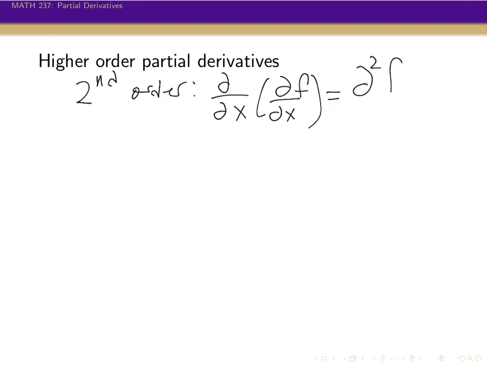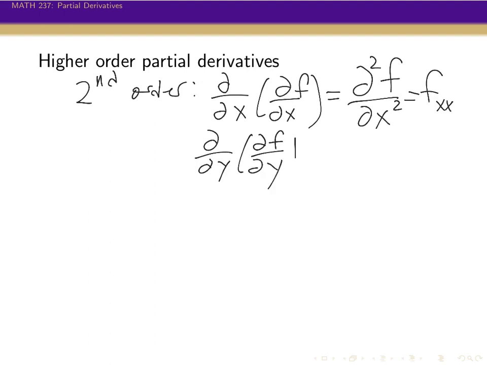And the notation here would be partial squared f, partial x squared. And so that's saying we took two partials in terms of x. And we might also write that as f sub xx. We could do the partial in terms of y of the partial in terms of y again. And we could have two partials of f in terms of y. We write that as f sub yy.